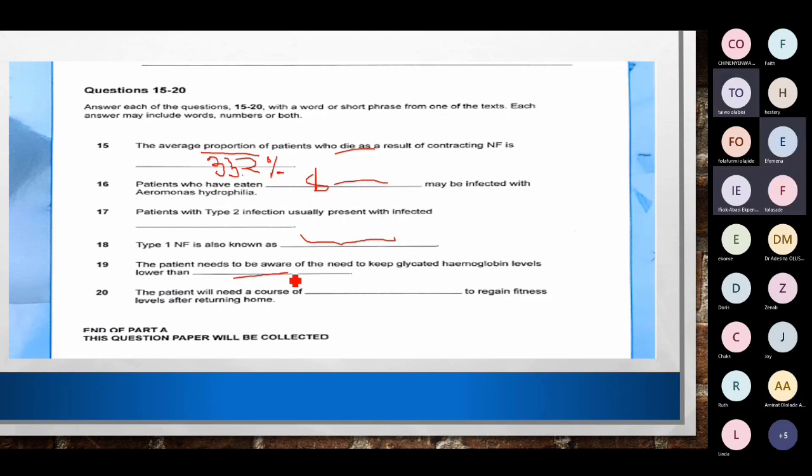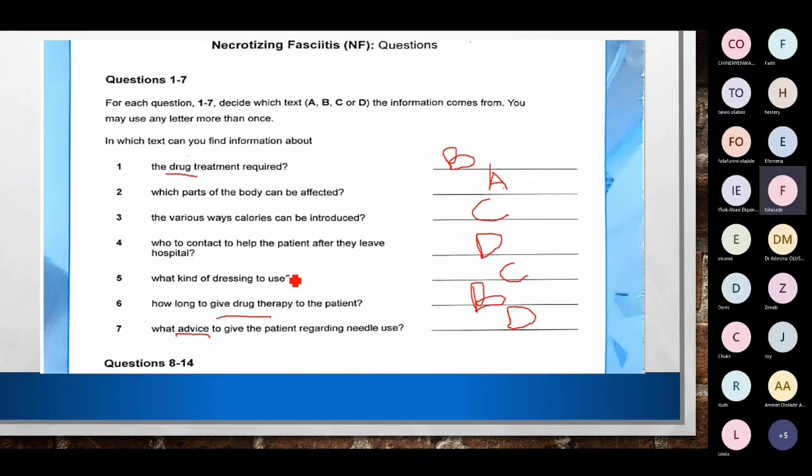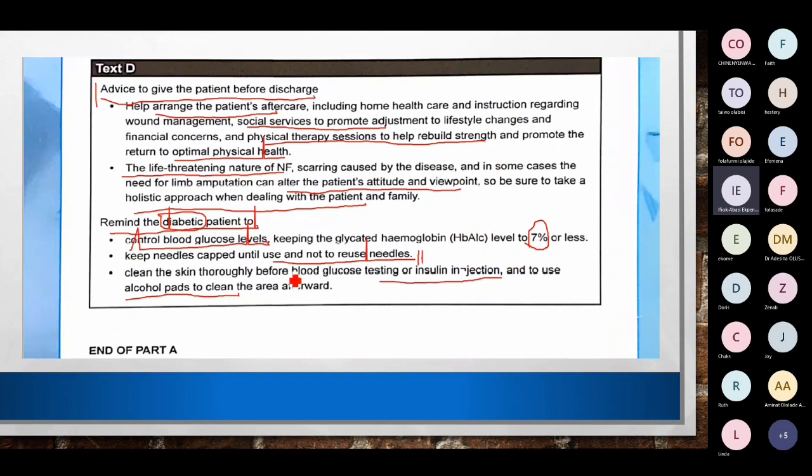So can somebody give me what the patient will need a course of to regain strength? Physical therapy. Okay, you're correct. She's right. Physical therapy, therapy to rebuild strength.